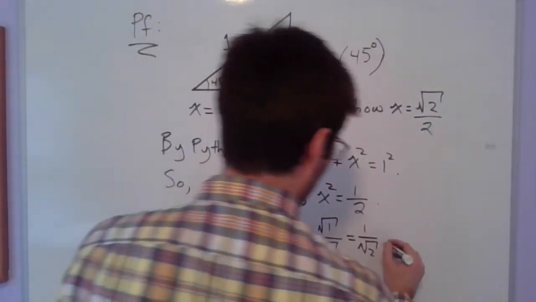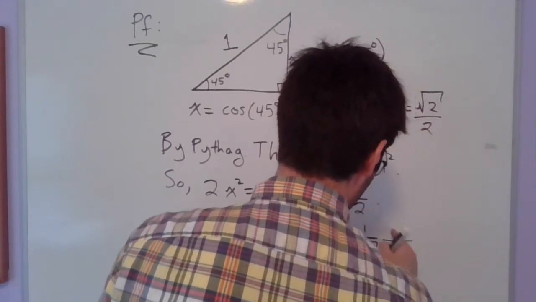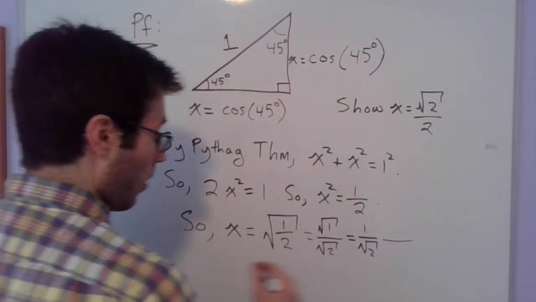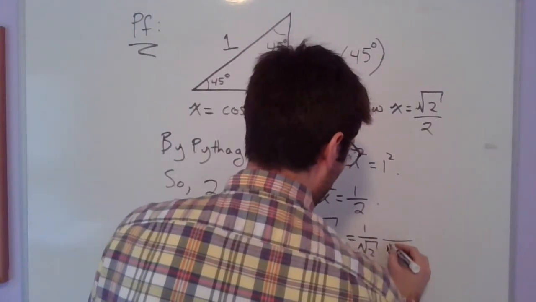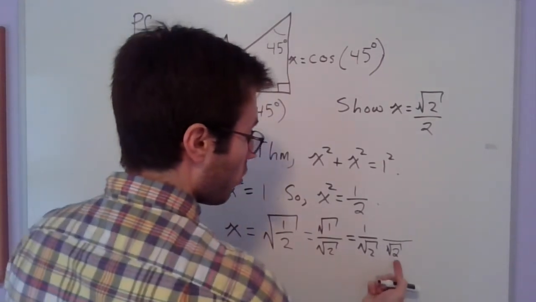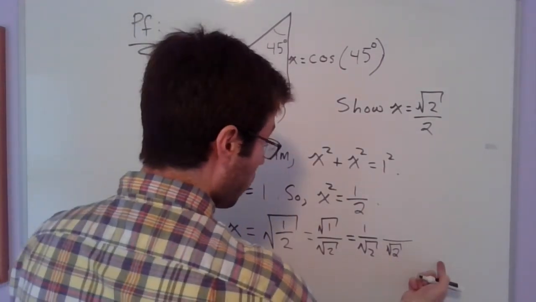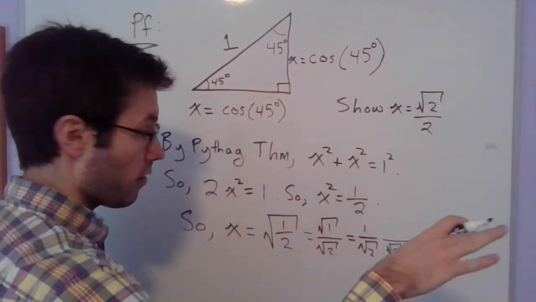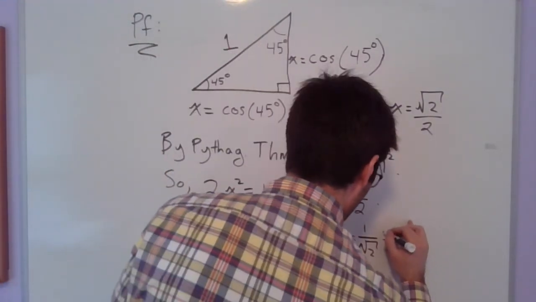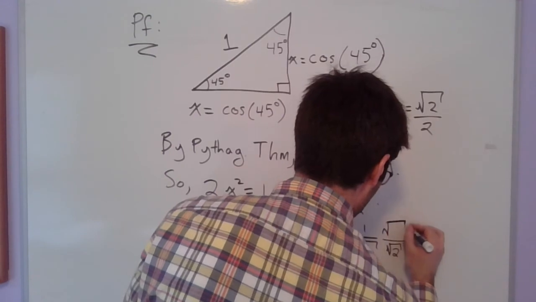So I'm going to multiply this value right here times something. What I'm going to do is multiply it by square root 2 in the denominator, because square root 2 times square root 2 is going to give me 2, which gets rid of that square root problem. But since I did that in the denominator, I have to do that up top as well.